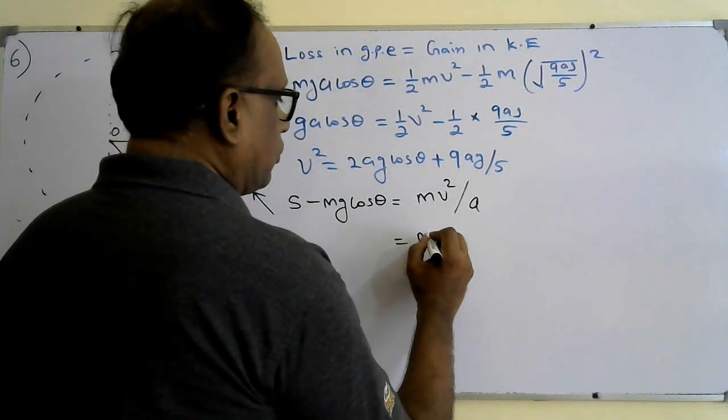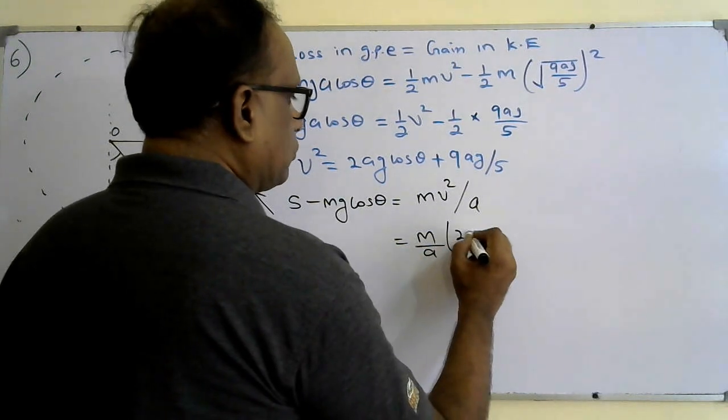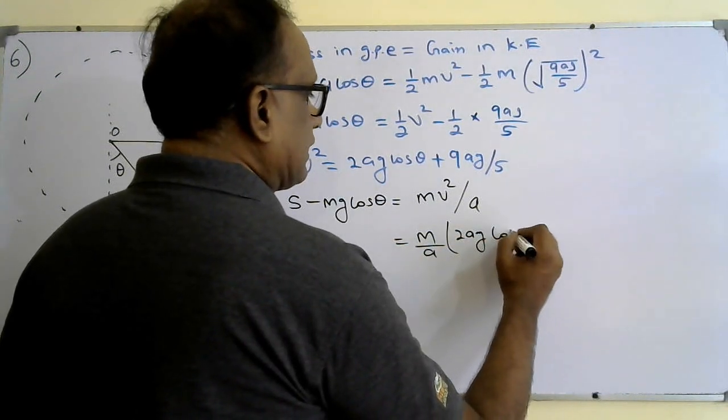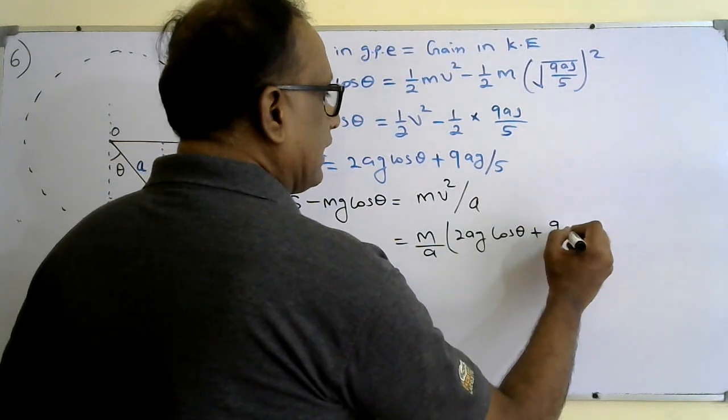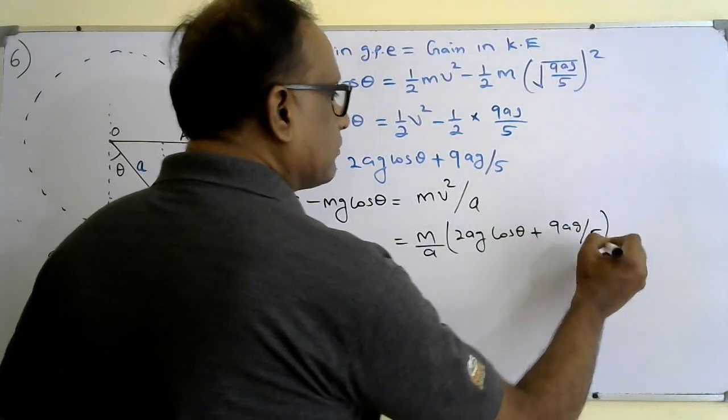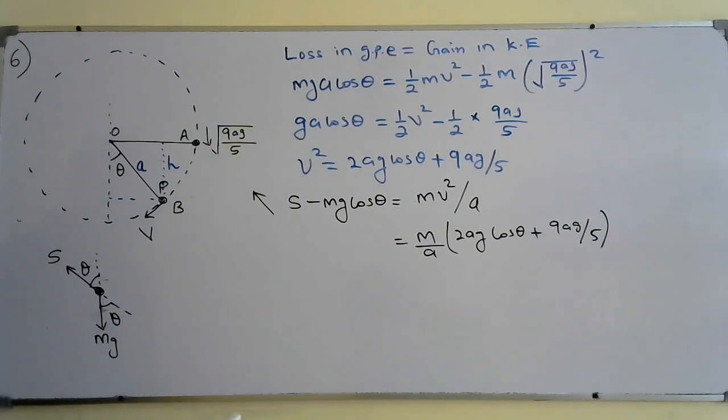You will get m over A into 2ag cos theta plus 9ag over 5. Okay, solve it and make S the subject.